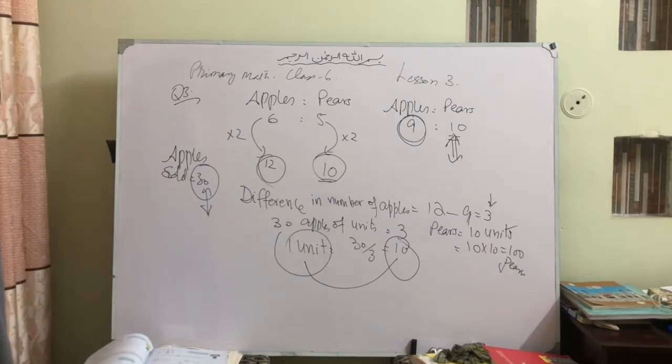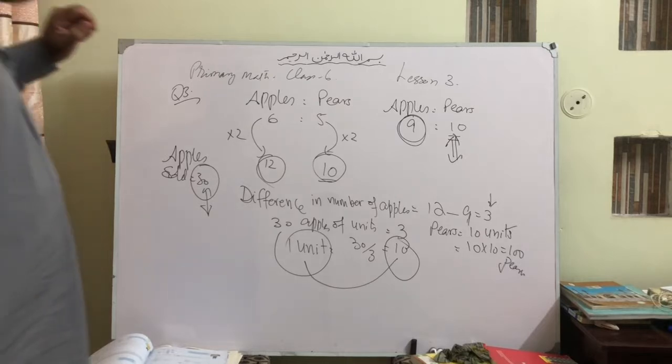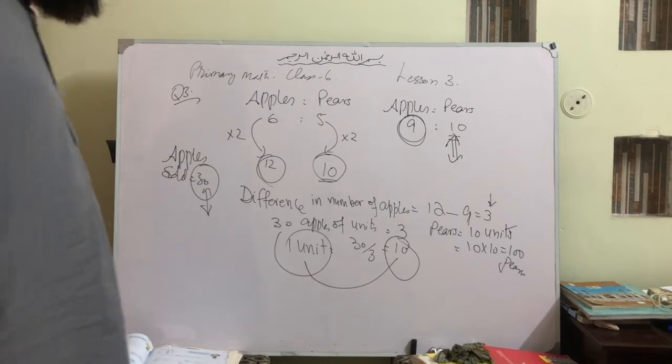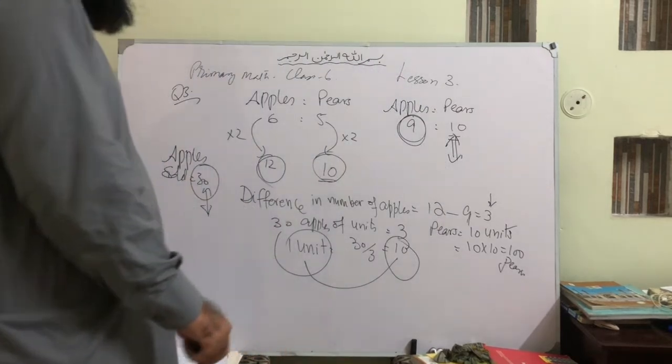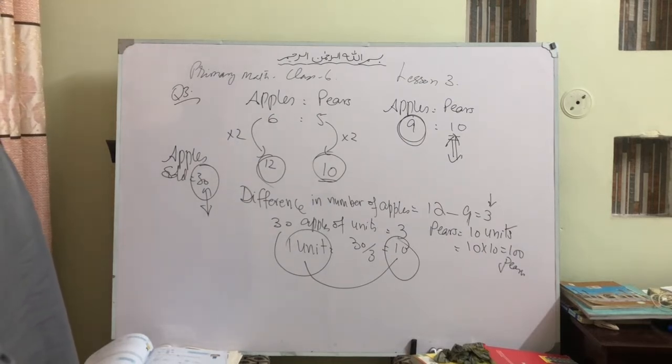So I'll try to recap this question. Before selling the apples, the ratio between apples and pears was 6:5, and after selling 30 apples, the new ratio was 9:10 between apples and pears. So we need to know how many pears were there, okay.